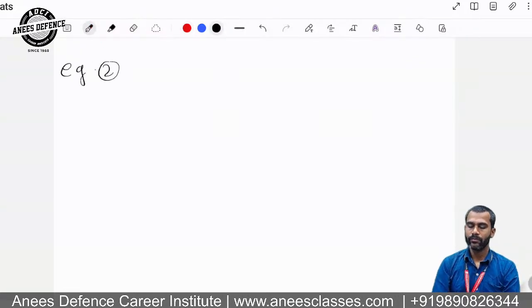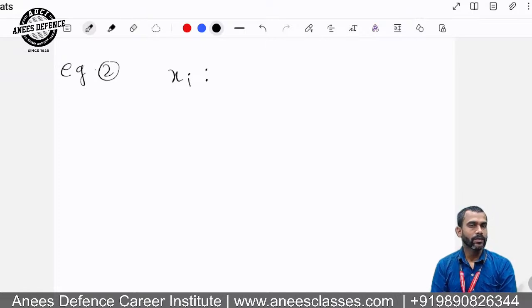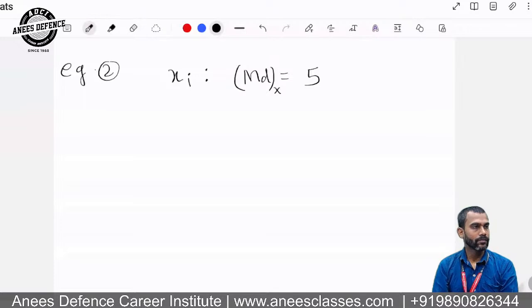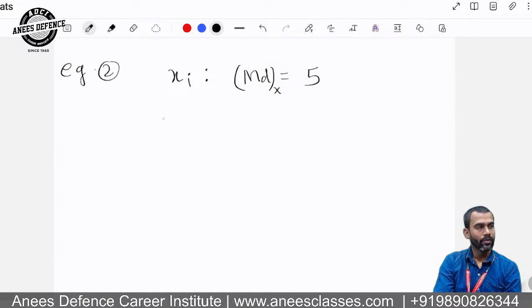Example number 2. Suppose there is xi, and for that the median of variable x is equal to 5, and there is one more variable y, and the relation between x and y is given by y is equal to 2x plus 3.